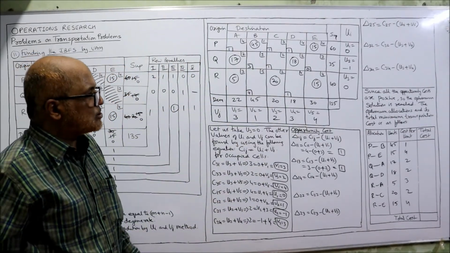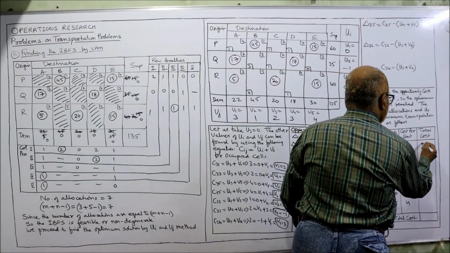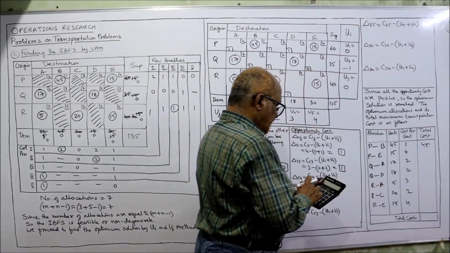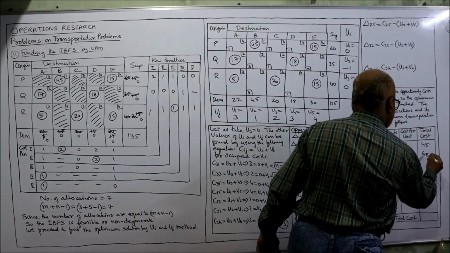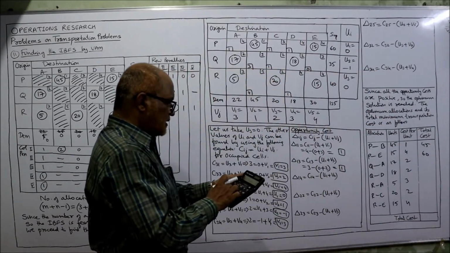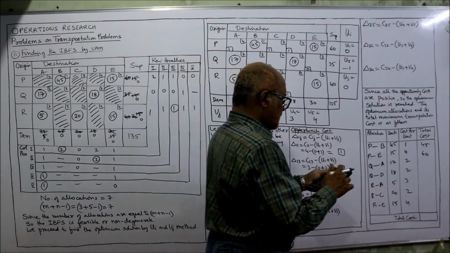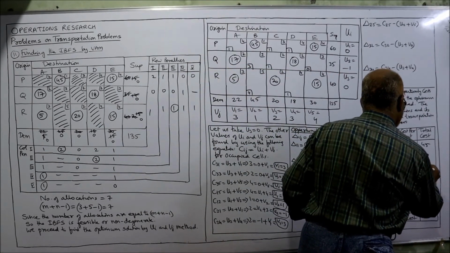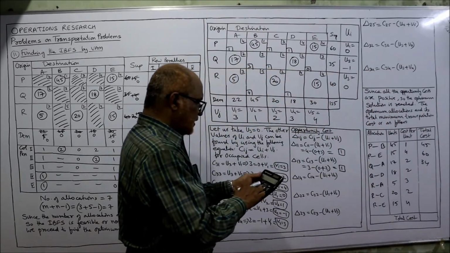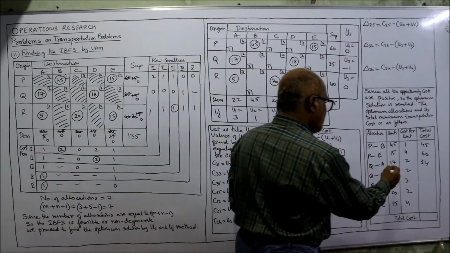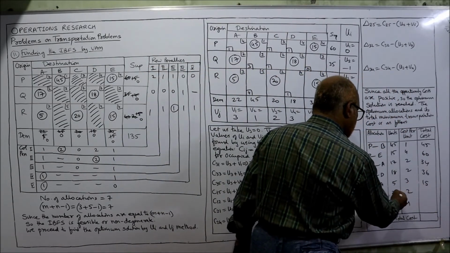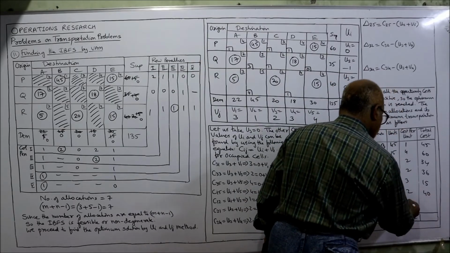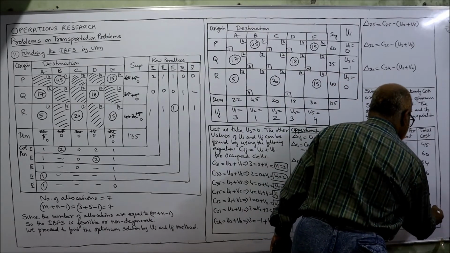Now calculate the cost. 45 into 1 is 45. 15 into 4 is 60. Then 17 into 2 is 34. Then 18 into 2 is 36. 5 3s are 15. 20 into 2, 40. 15 into 4, 60.